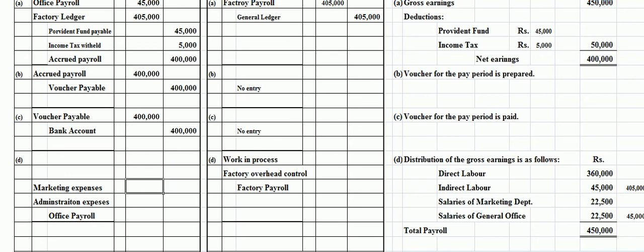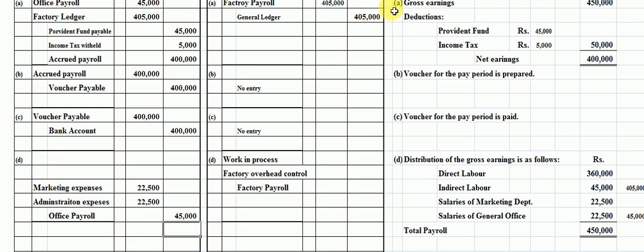The amount of these accounts is 22,500 rupees as marketing expenses and administration expenses is 22,500 rupees here. Now the sum up is 45,000 rupees here. This is the closing payroll against admin and marketing in the book of head office.